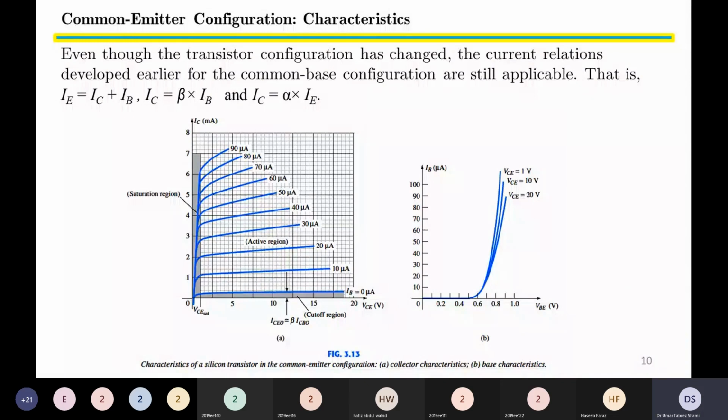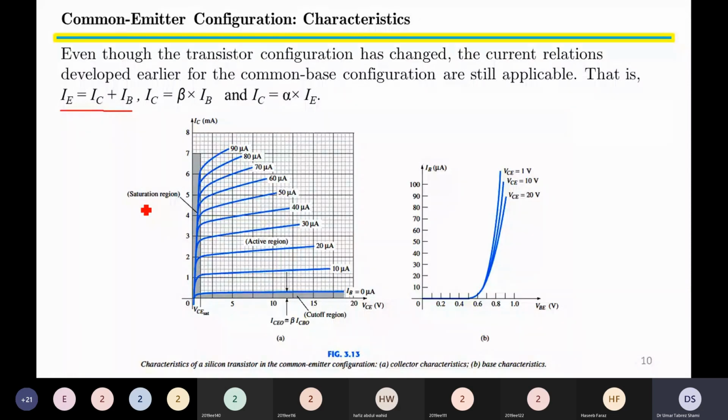Although the transistor configuration has changed, the current relationships as those established in common base configuration are still applicable in common emitter configuration. That is, the emitter current in common emitter configuration is again the sum of collector current and the base current. That is, IE is equal to IC plus IB.